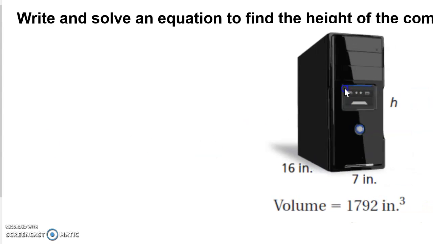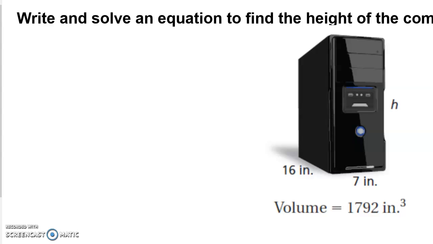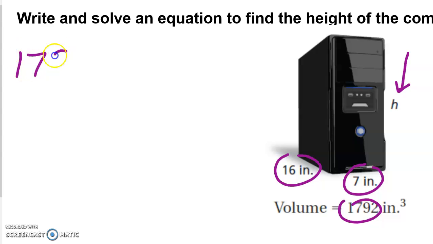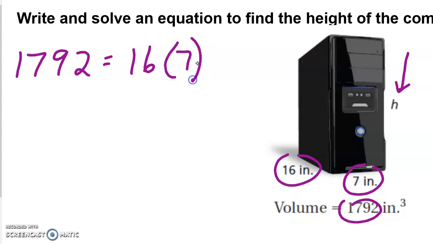So I have this computer tower. I know that I have 2 numbers on the bottom that are 16 and 7. What I don't know is the height. But as luck would have it, I know the volume. So to find the height, or actually any one of these numbers, we're just going to work backwards. So I know the volume, and I know 2 of the numbers to solve.